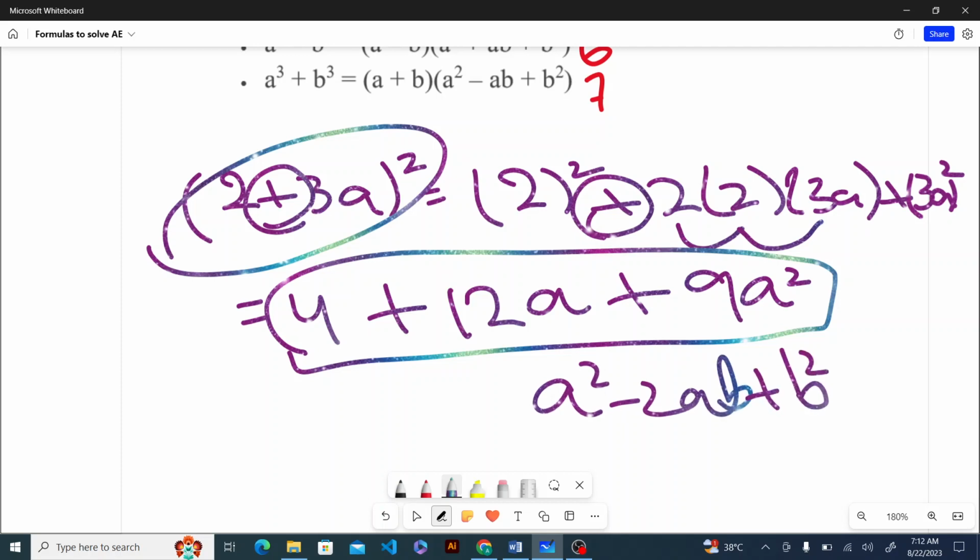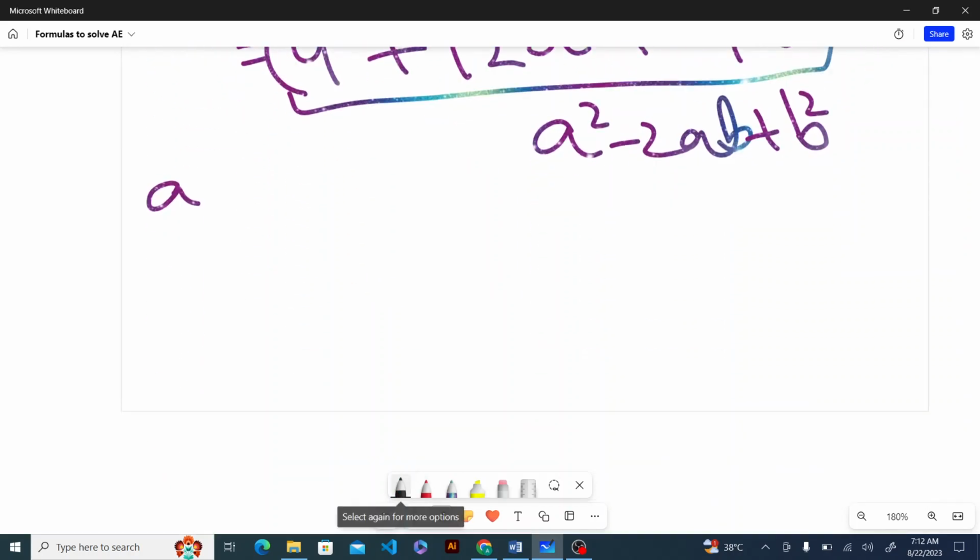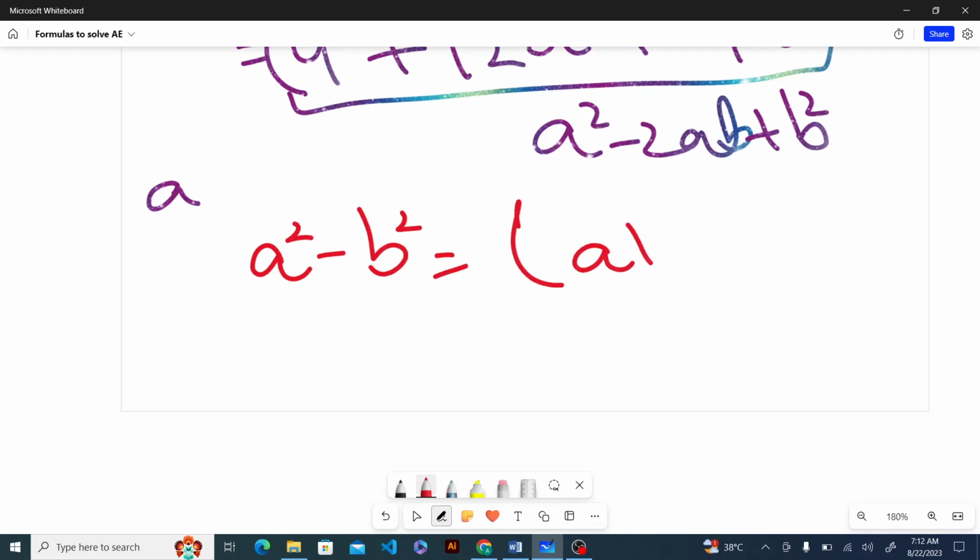Let's do another one, which is a square minus b square. Its open form is a plus b, a minus b.